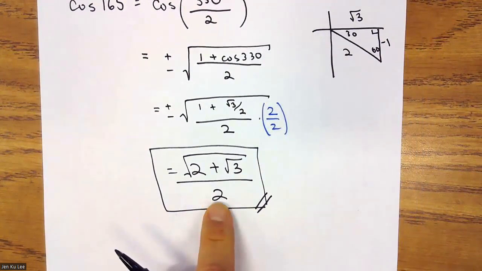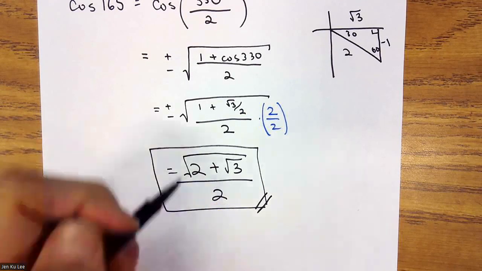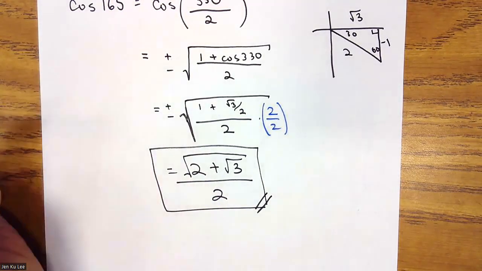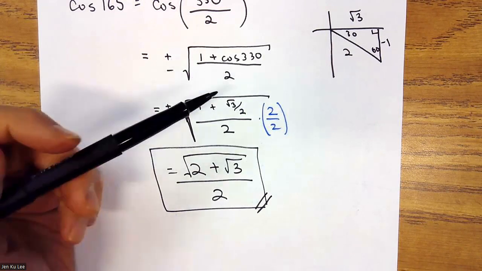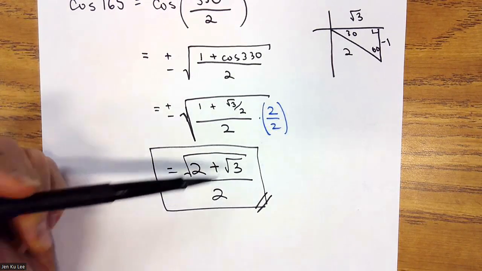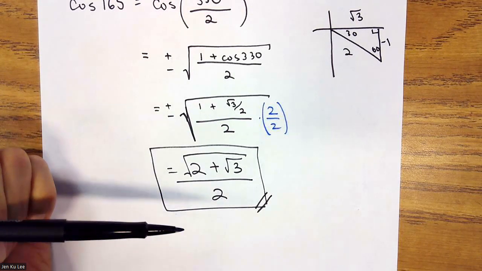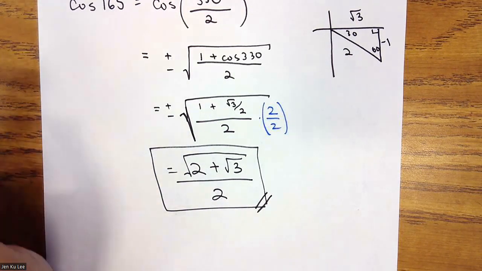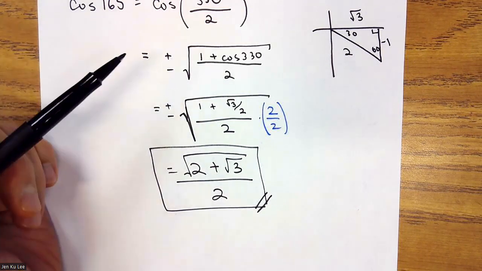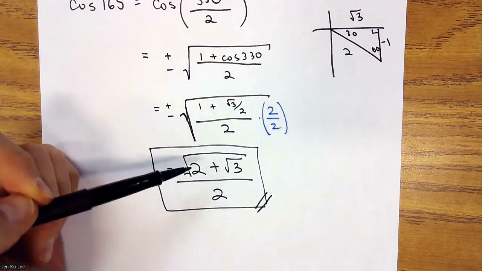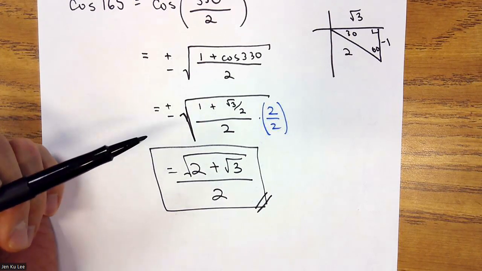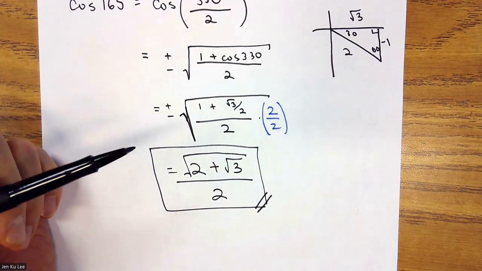Square root of 4, which is 2. 2 times 2 is 4, but then you square root it.